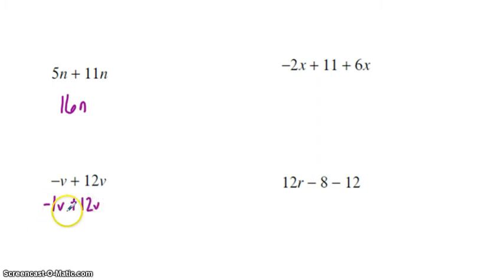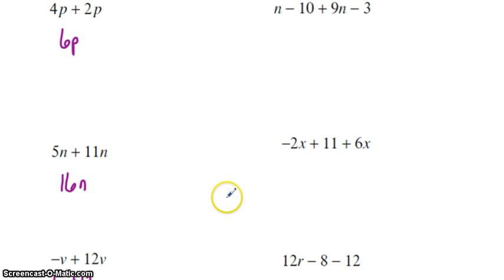So if we have 12 minus 1, we have 11v. In algebra, anytime there's a 1, they don't really write it, but we need to get in the habit of thinking that there is a 1 in front of that v. It is one group of v, whatever that v represents.